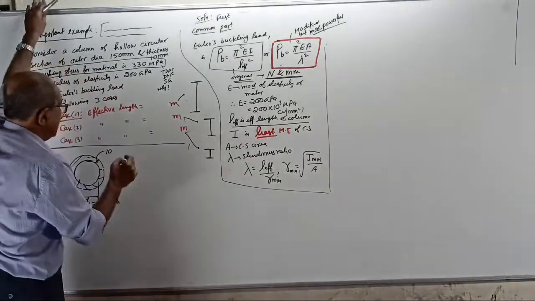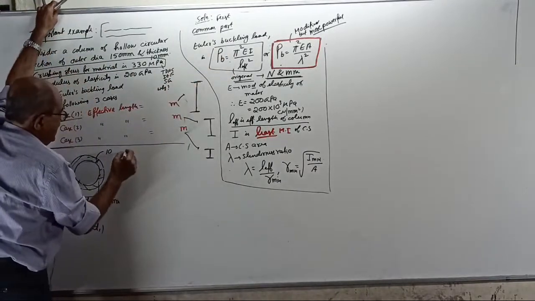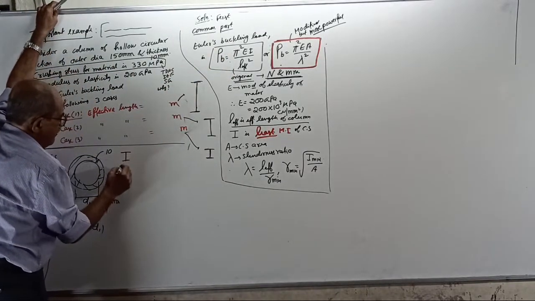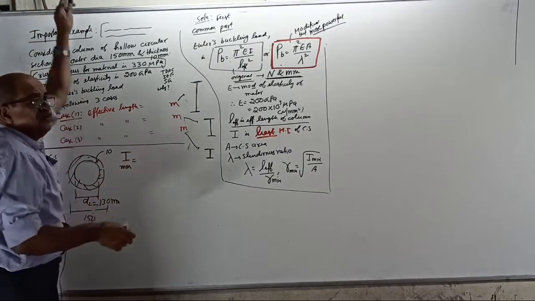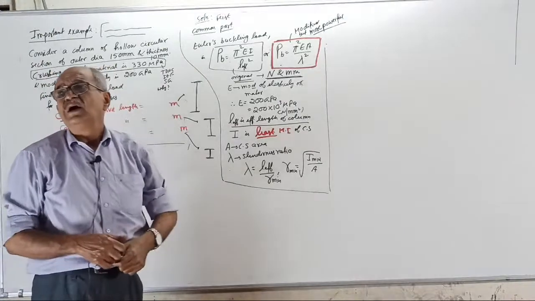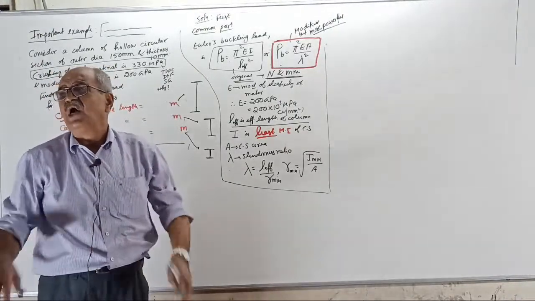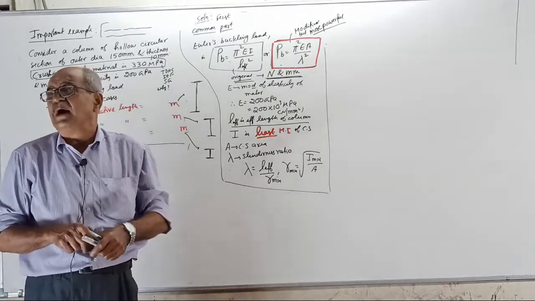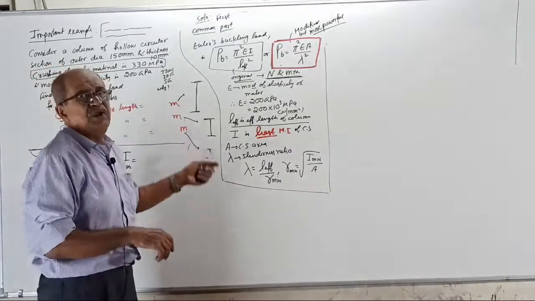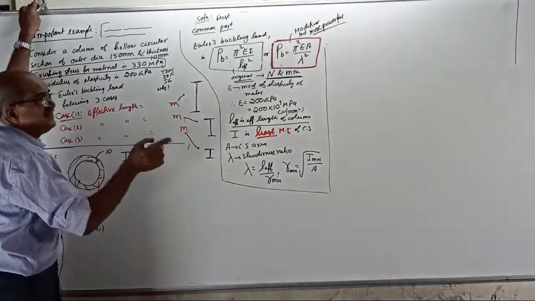Okay, now start. If I want to use this formula, I need I minimum. Remember, for a square section, a solid circular section or a hollow circular section, irrespective of orientation, I about any axis is constant.